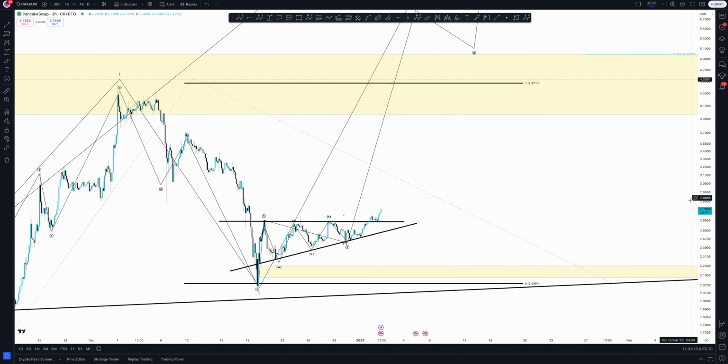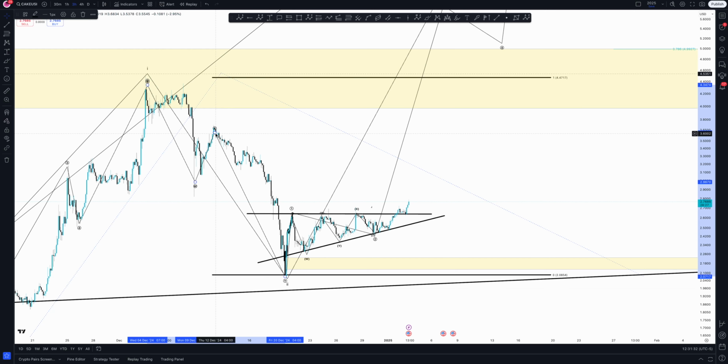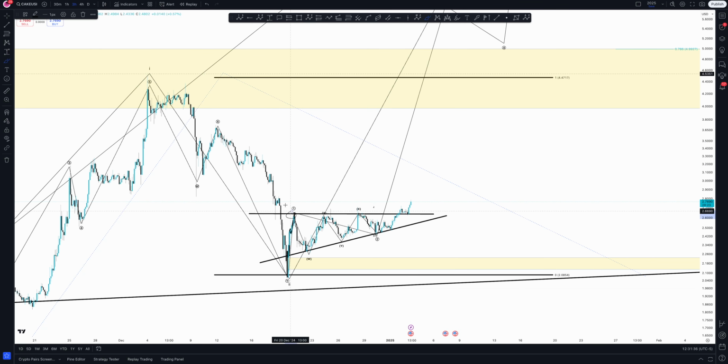And cake looks pretty good breaking out of this ascending triangle over here. We tapped this previous resistance as support. So you see this resistance that we used about 3 times. Well, we went above it, tapped it as support, and now we're seeing continuation up.